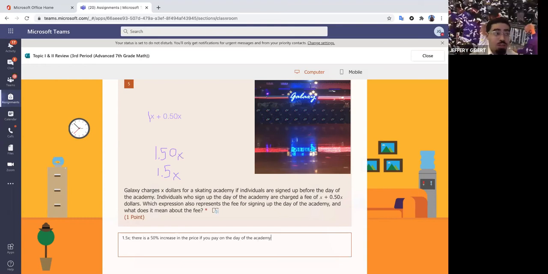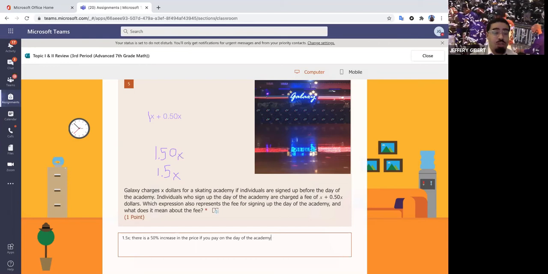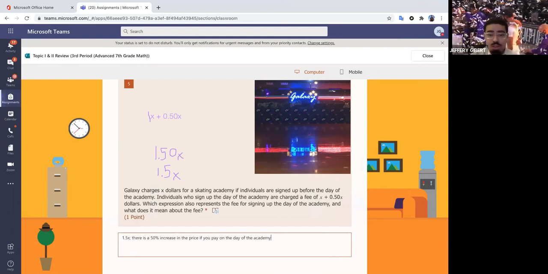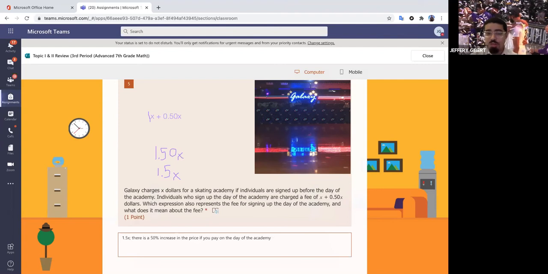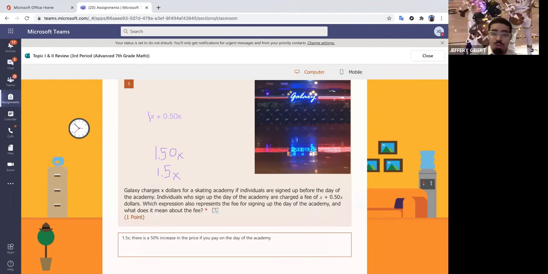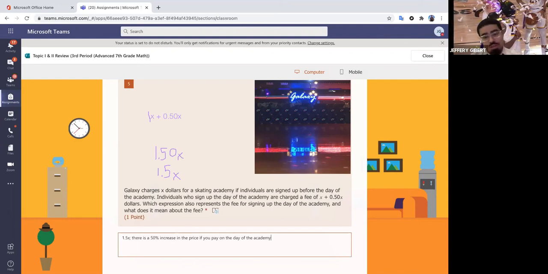So if your answer ended up being 1.7 or 1.70, that means it's a 70% increase. If you have 1.07, that's a 7% increase.